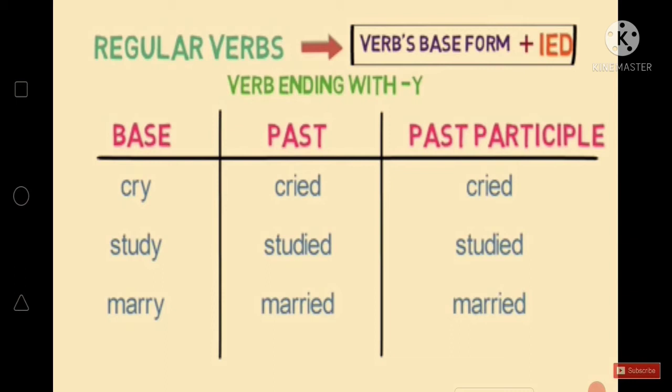Here the verb is ending with y, so instead of y we replace y with ied to have the past, and the same for the past participle. Cry, cried, cried. Study, the verb is ending with y again, so we substitute the y with ied: studied, studied. Marry, married, married.